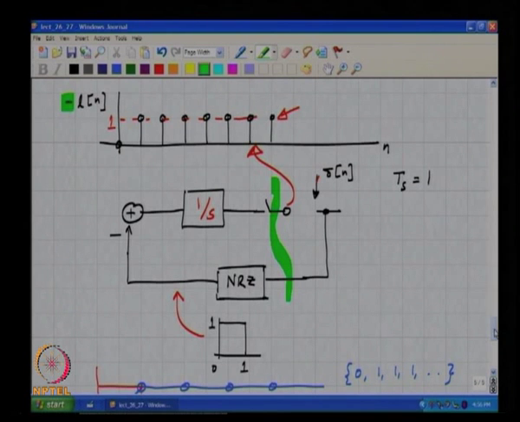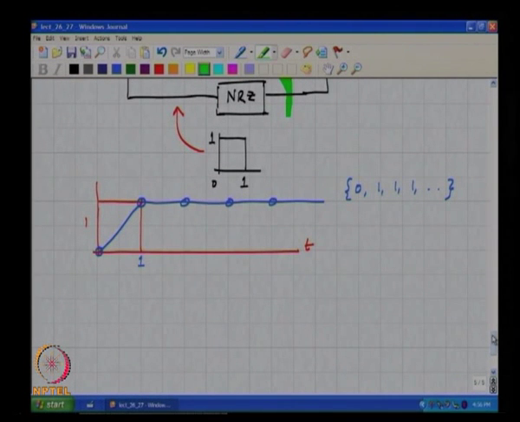Is this clear? Now, the next thing is to worry about what happens to the input, correct. So, let us see that.